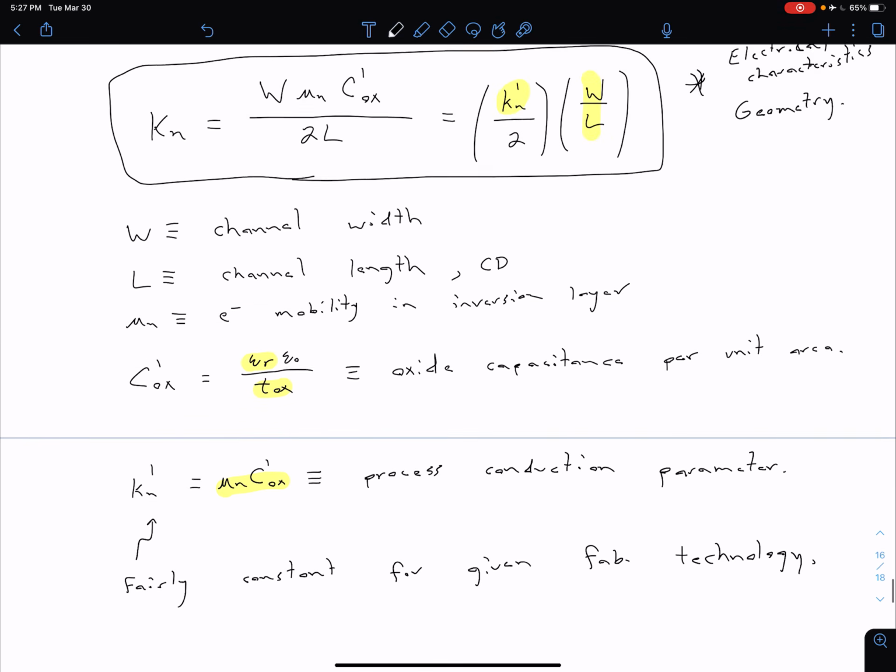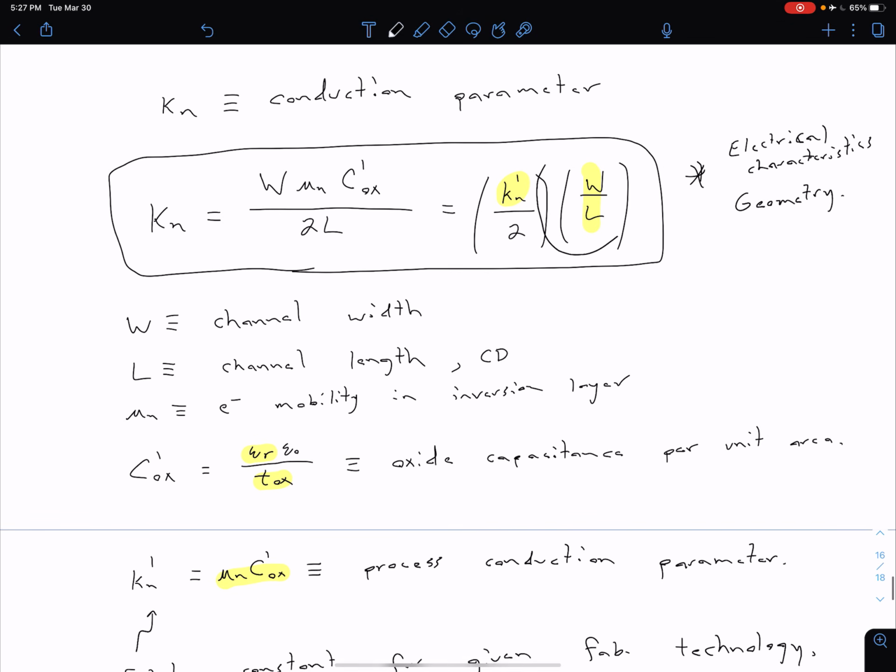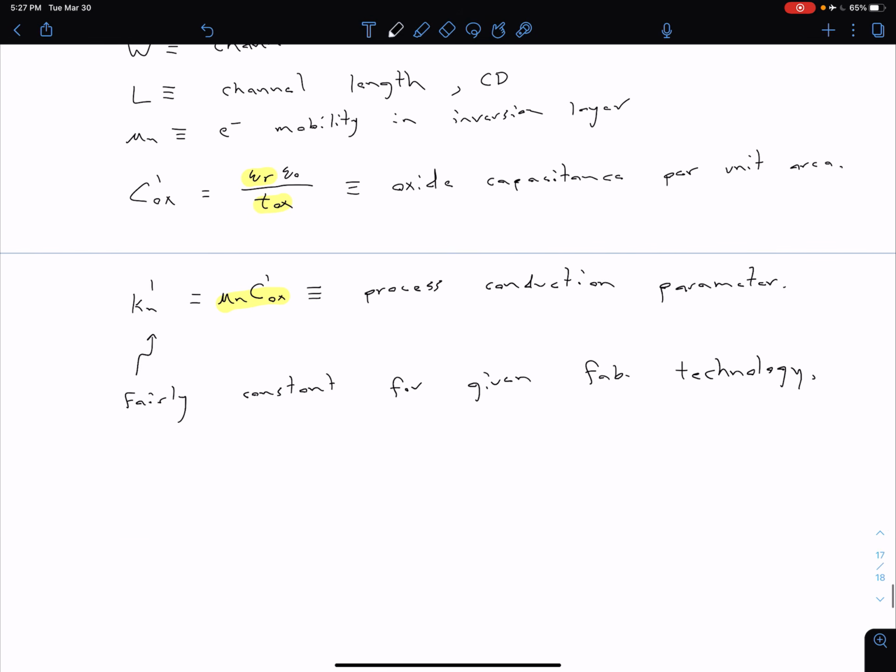What that leaves, then, is that width to length ratio as the main design variable. So this means that W over L is our main transistor design parameter when we're dealing with MOSFETs. We'll see that a little bit later on in this class, as well as in some other classes when we look at some more complicated circuits.